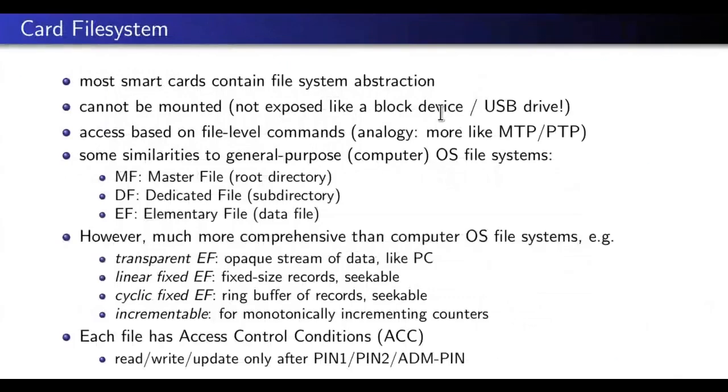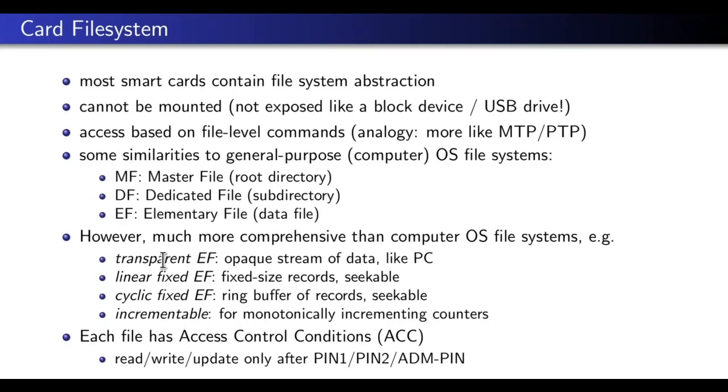So I'll skip all the lower level bits. We have on SIM cards, first and foremost, a file system on the card. File system not in the sense of a block device, like a USB drive, where your file system is implemented on the PC, but the file system is implemented on the card itself, in the processor on the card. And then you have file level commands to open, read, write, and so on files on the SIM card. Some terminology here: master file, dedicated file, elementary file are how they call root, subdirectory, and data files.